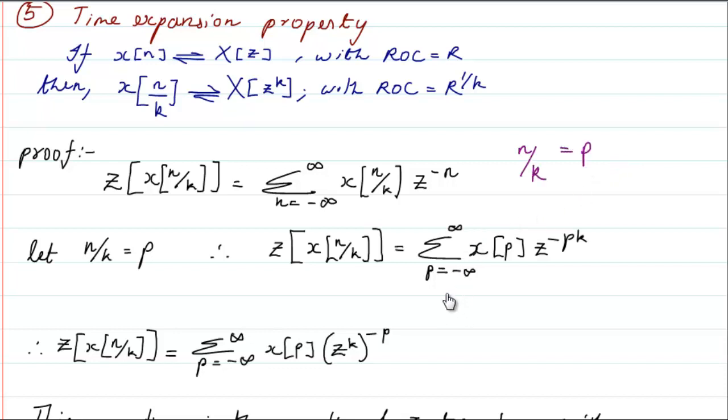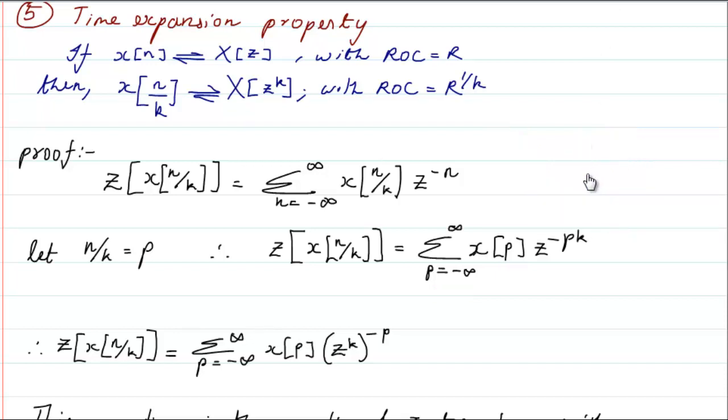So if n is equal to minus infinity, you can see that p will also be minus infinity. If n is equal to plus infinity, then the value of p will also be plus infinity. So there is a straightforward change in the summation. N by k basically gets replaced with p, and since n by k is equal to p, it is as good as writing n is equal to p into k, and that is what we have done here.